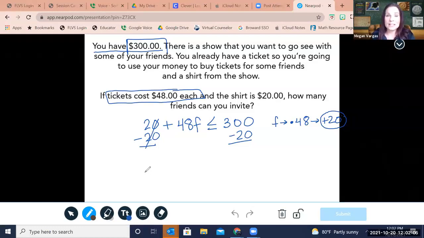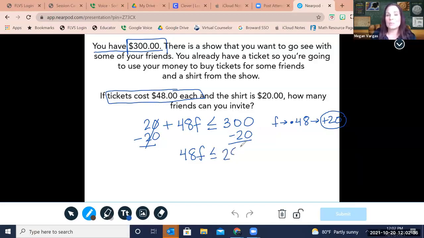Oh, okay. Well, less than would mean anything smaller than it, right? If I put greater than 300, that means I'm going to spend more than $300. But I can't spend more than what I've got. I can spend 300 or less than 300. All right, so then I have 48F still, and 300 minus 20 is 280.